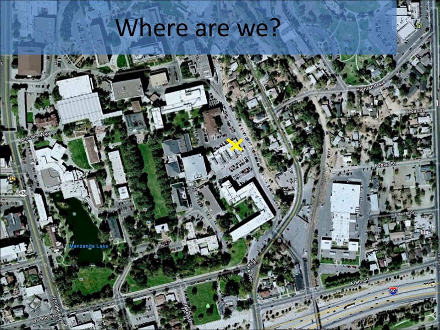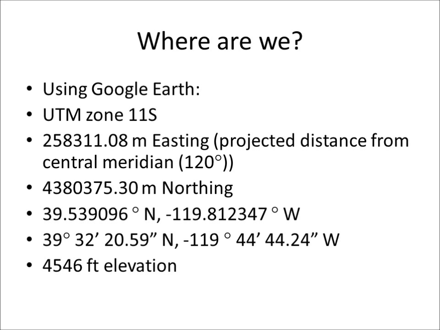And let's take a quick look and see how that's represented in the two different coordinate systems. Using Google Earth is a good way to do this. ArcGIS is another good way to do this, and I'll demonstrate that in class. We are in UTM zone 11S.